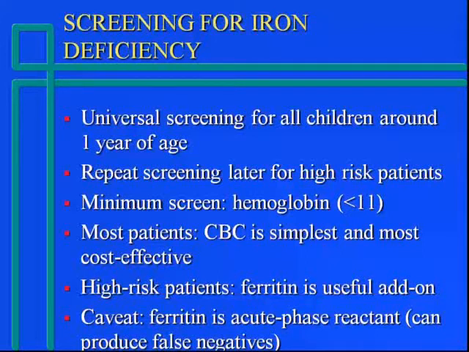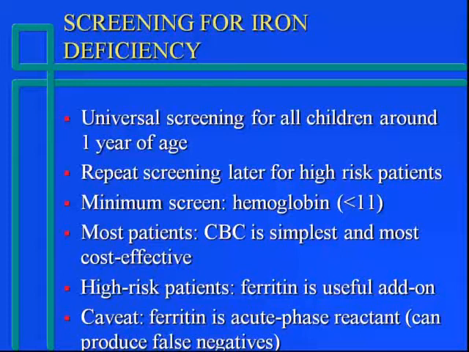Repeat screening later, either in the second year of life or during the toddler years, is recommended for high-risk patients, such as premature babies, those who have dietary risk factors for iron deficiency, or those with underlying chronic disease. The minimum screen is generally considered to be a hemoglobin with a cutoff of less than 11 defined as anemia.